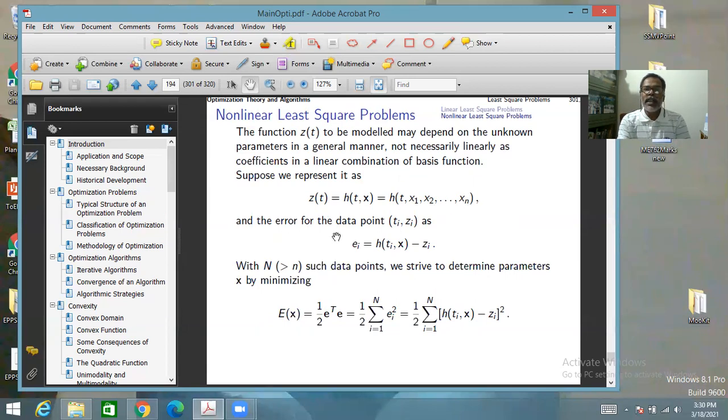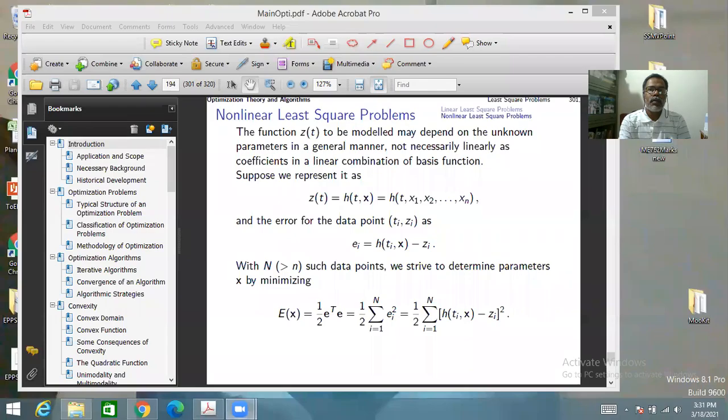So the error of the data point would be this, and with many such data points, certainly more than the number of parameters that you want to determine, we try to minimize this, right? This was the plan.